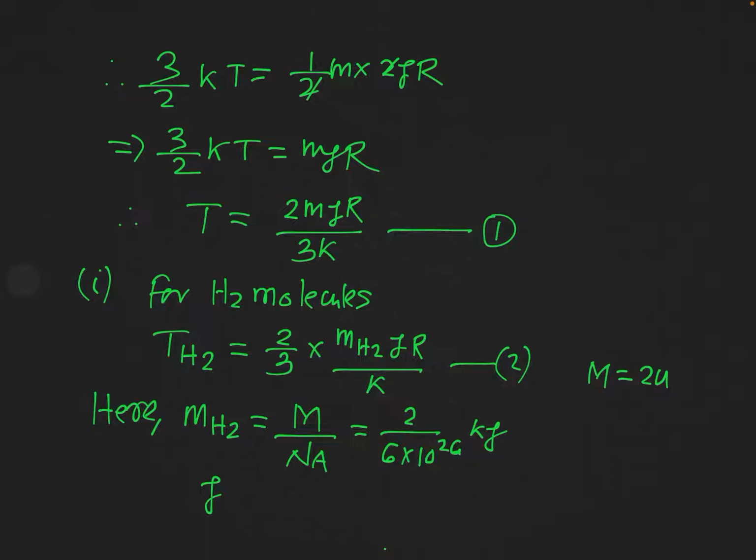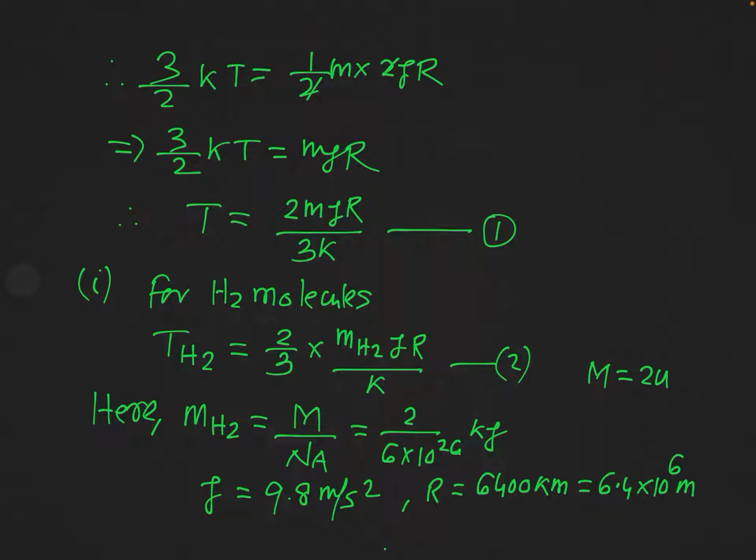Again, you know that the value of acceleration due to gravity at the surface of the earth is almost 9.8 meter per second square. And you have an idea that the radius of the earth is 6400 kilometer. If you convert this value into meter, it will be 6.4 into 10 to the power 6 meter.